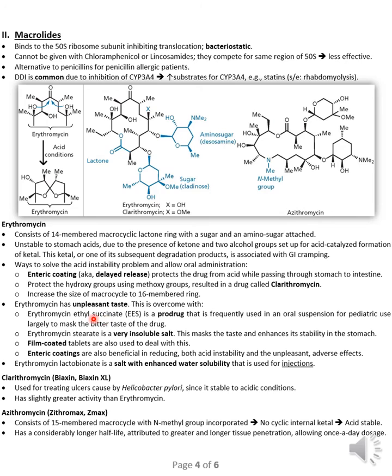By assigning an ester group to the erythromycin at this location, next to the OH, we remove the OH and put an ester group. This can be used to mask the unpleasant taste of the erythromycin.